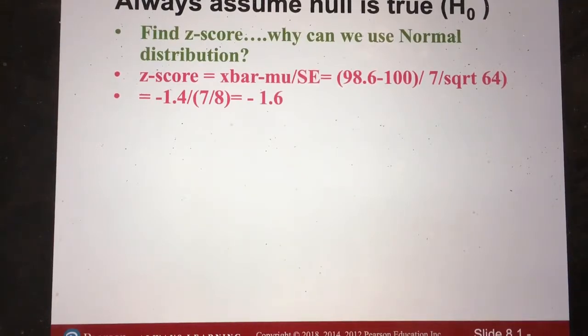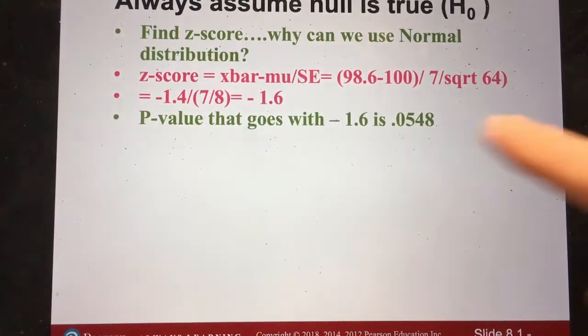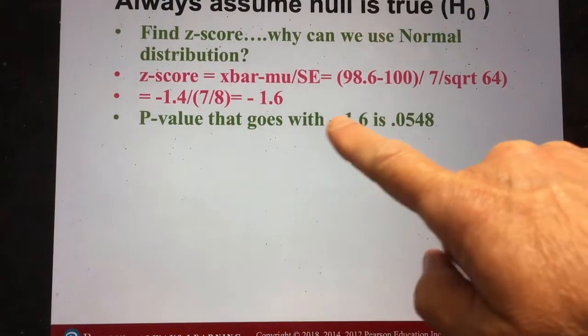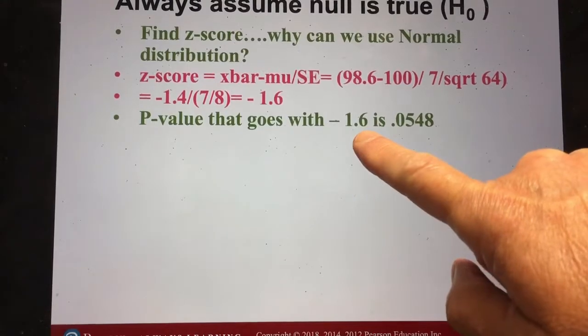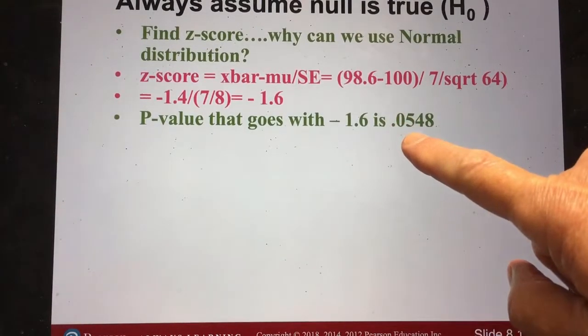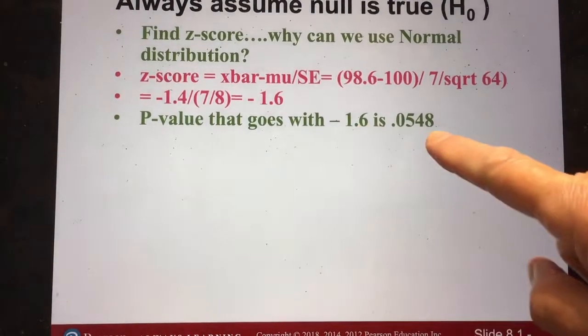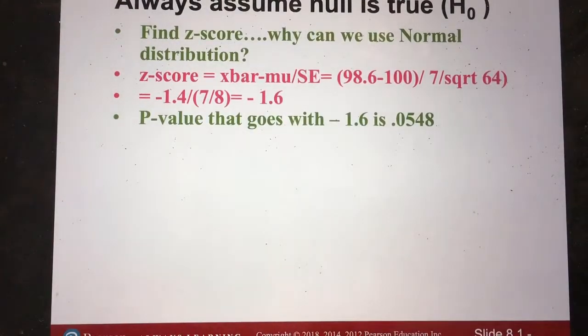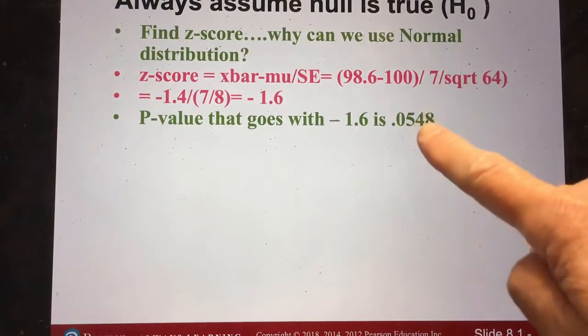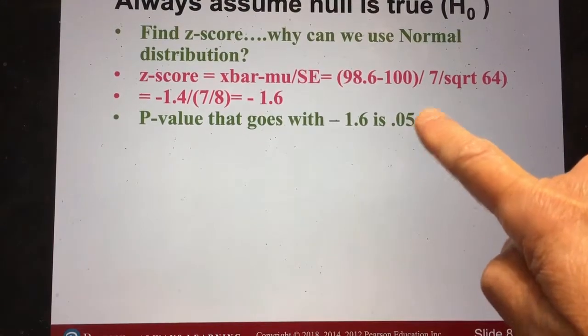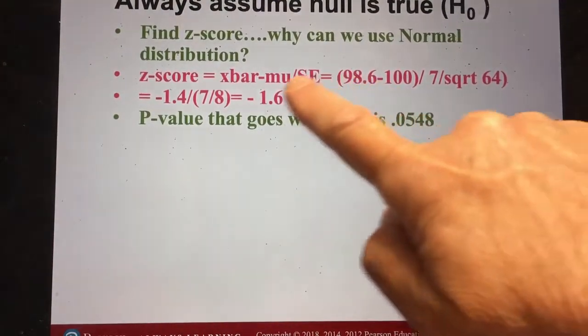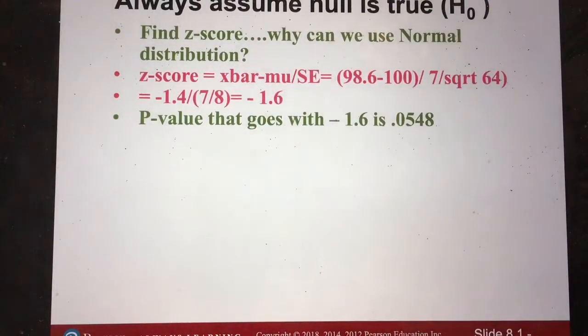Okay, now the negative 1.6 is the z-score that is our test statistic. So now we've got to figure out what do we compare that to. The p-value that goes with negative 1.6 is 0.0548. We can get that from our standard normal table. So now remember, if our p-value is larger than our alpha, and our alpha is 0.01, then we fail to reject our H sub 0.